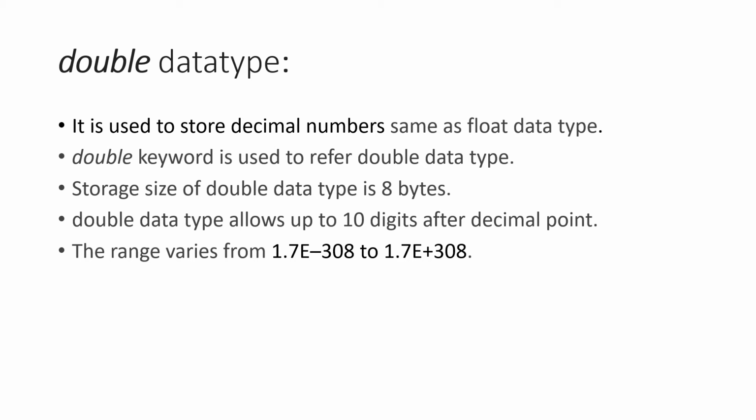Storage size of double data type is 8 bytes. Double data type allows up to 10 digits after the decimal point. The range varies from 1.7e to the power of minus 308 to 1.7e to the power of 308.